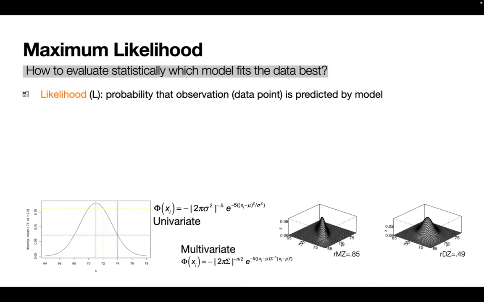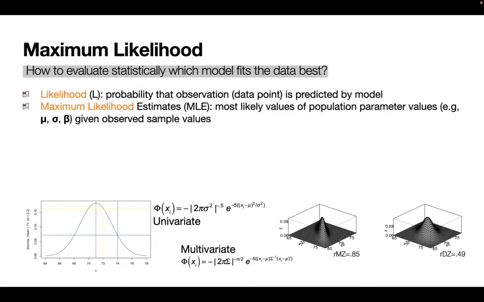We would expect that values closer to the mean are more likely than those farther away from the mean. And so when we use maximum likelihood as a fit function, we end up estimating maximum likelihood estimates, which are the most likely values of the population parameter values, given the observed sample values.